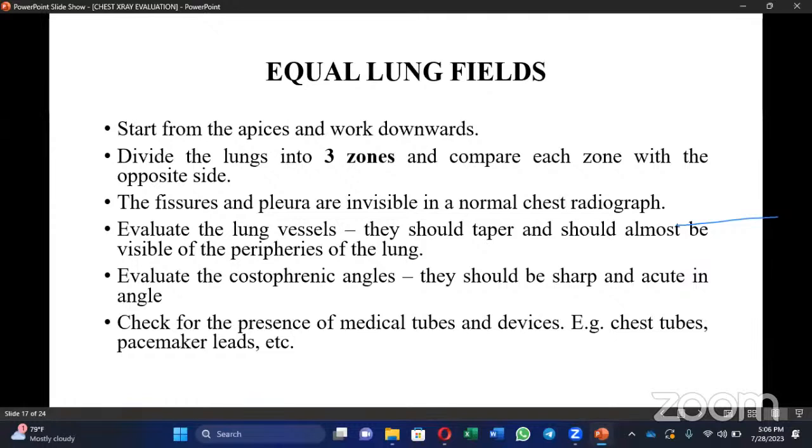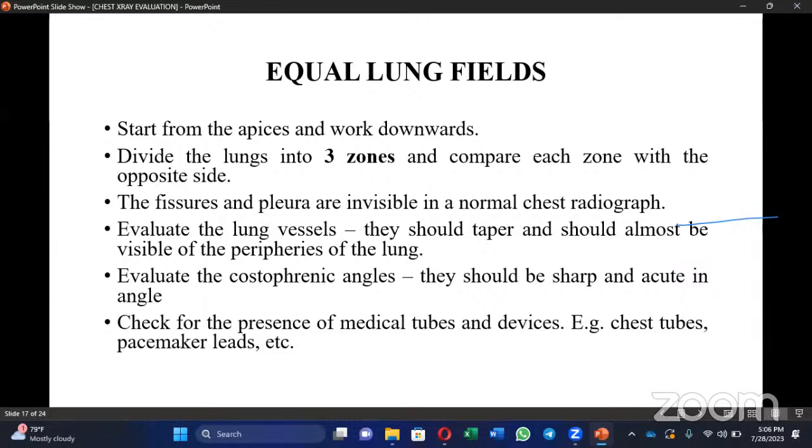So, still on the lungs, the lung vessels are also very important to look out for. The lung vessels should taper and should almost be visible at the peripheries of the lung.